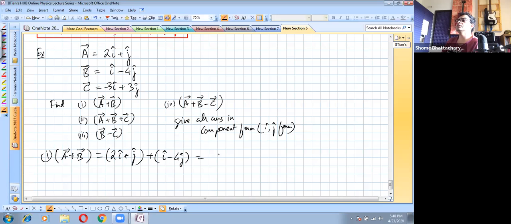Now when you take i cap common, you have 2 plus 1. And when you take j cap common, you have 1 plus of minus 4, so that becomes 1 minus 4. So this actually becomes 3 i cap minus 3 j cap. And this is what I was looking for, the answer for a plus b in i cap j cap notation or in component notation. So this becomes my answer.